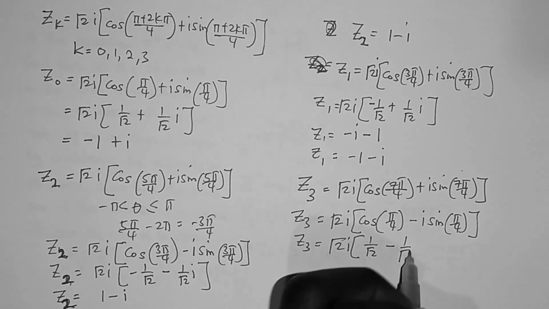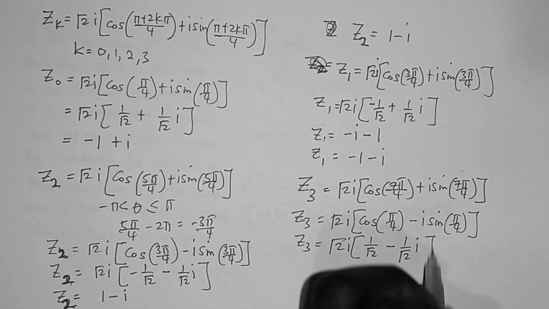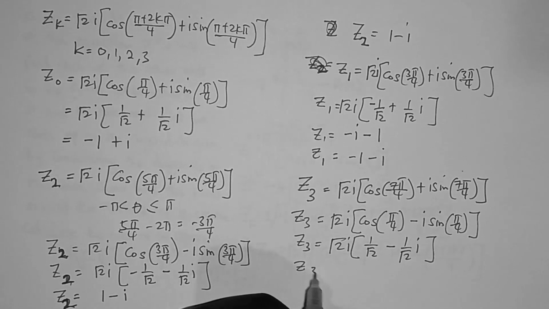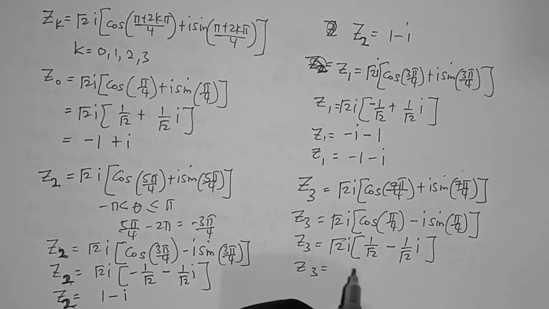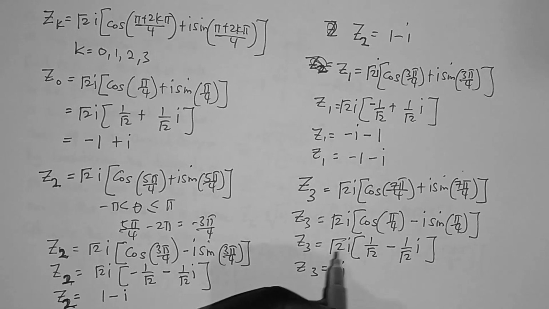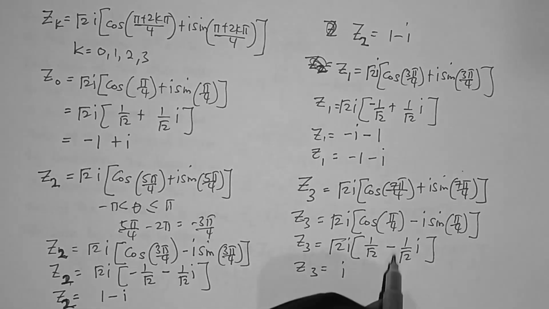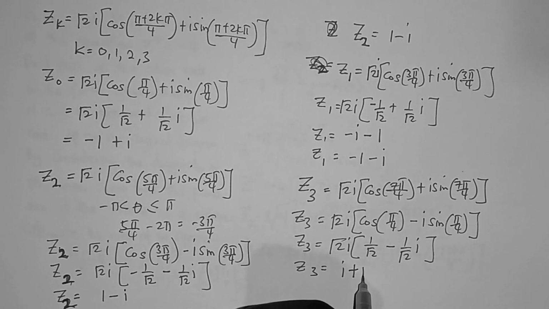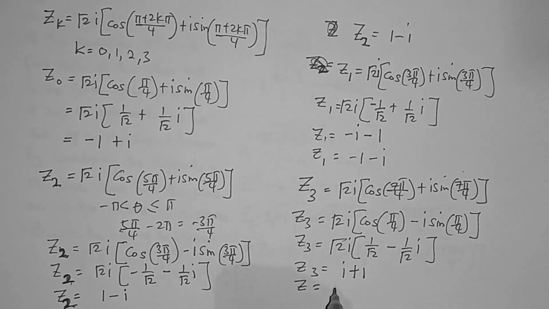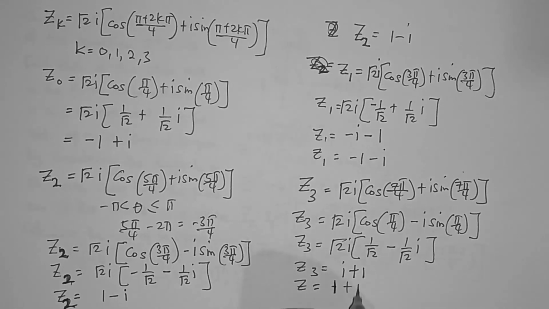So root 2 times 1 over root 2 is 1. Then root 2 times minus 1 over root 2 times I is equal to minus I, and times I gives minus I squared, which will give us plus 1. So therefore Z3 is equal to 1 plus I.